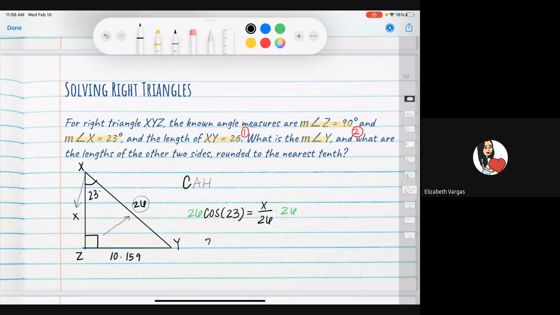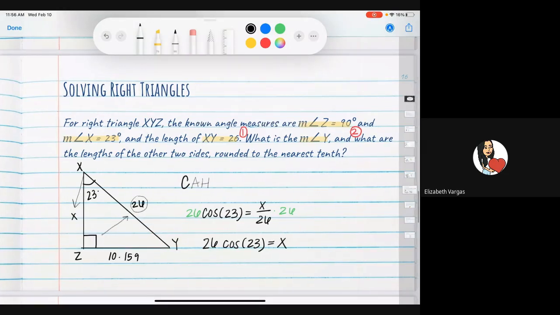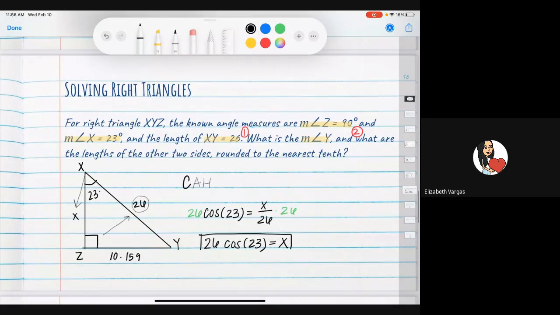And so we're left with 26 cos 23 equals x. So that's the equation we would leave off with. And if you want to know approximately how long that is, whenever we get into actually plugging into the calculator, you will see that we get approximately 23.9331. So that would be the measure of our other side length.